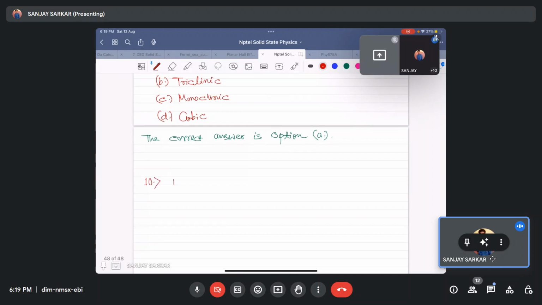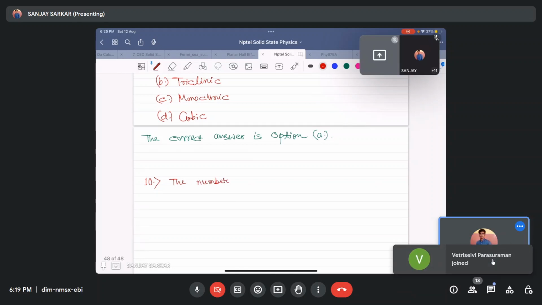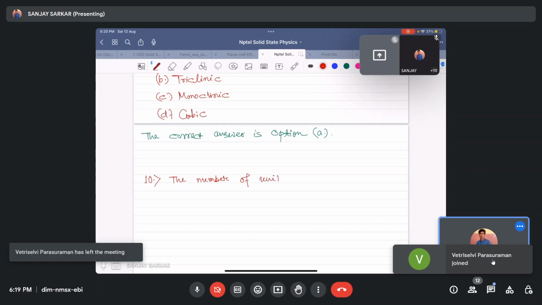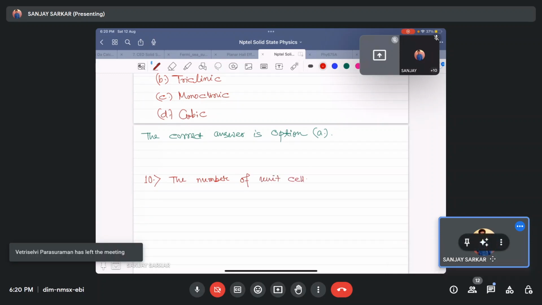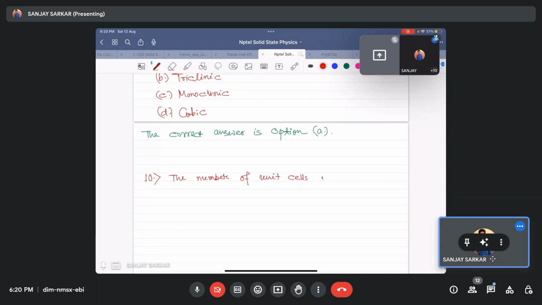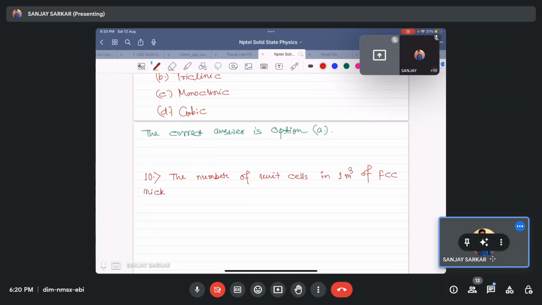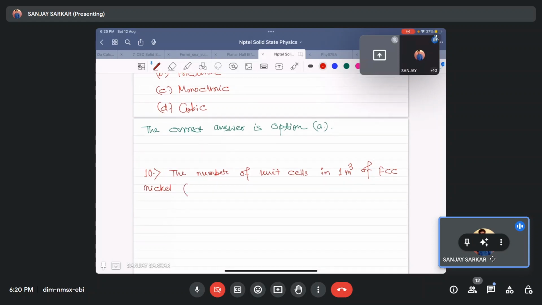The number of unit cells in 1 meter cube of FCC nickel, where the radius of nickel is given as 1.243 angstrom, is: there are 4 options.